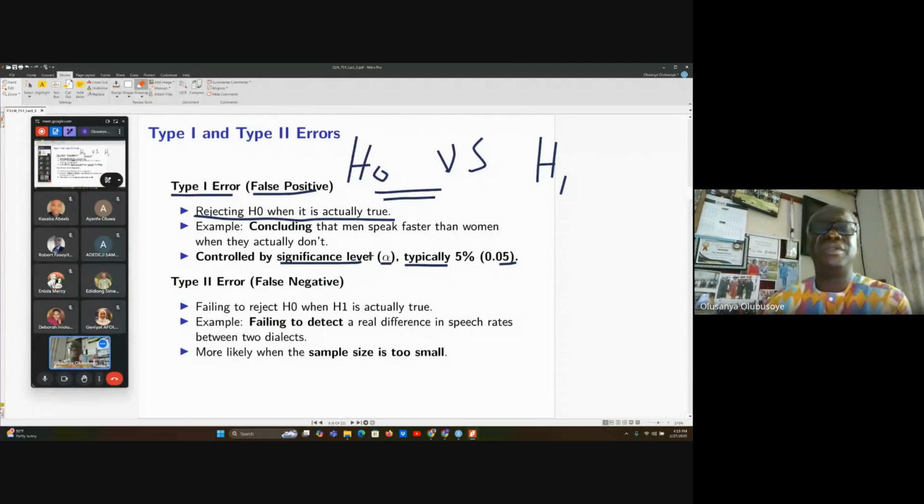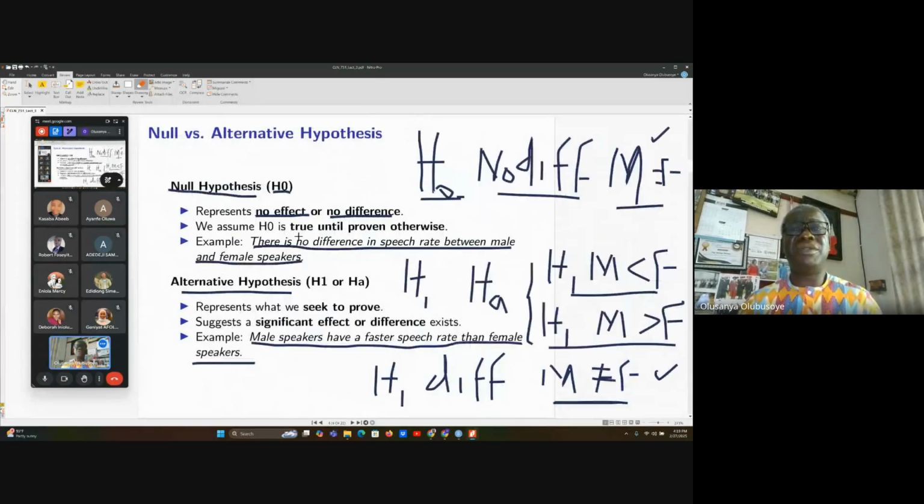Now, suppose we conclude that there is a difference, when in actual there is no difference.